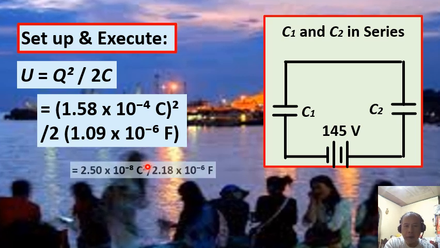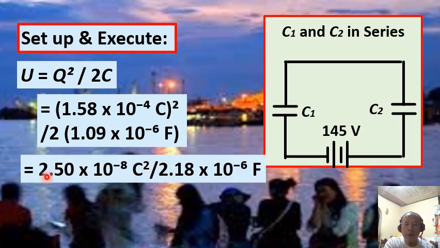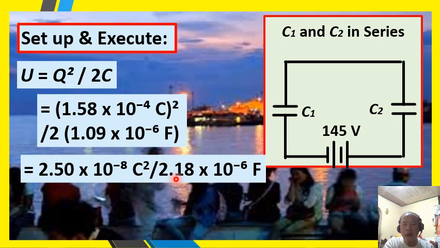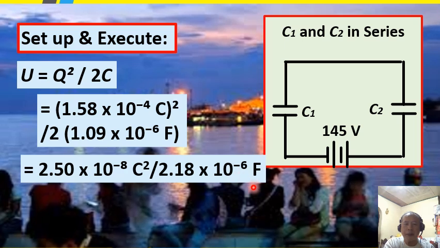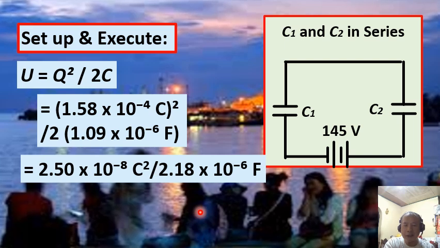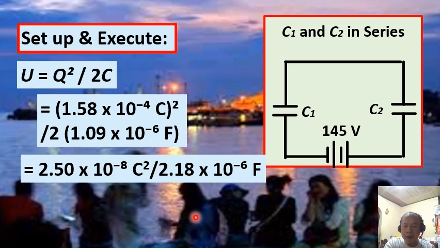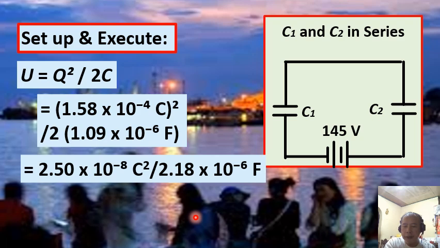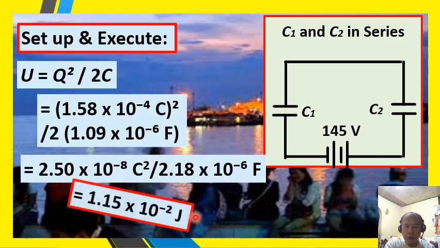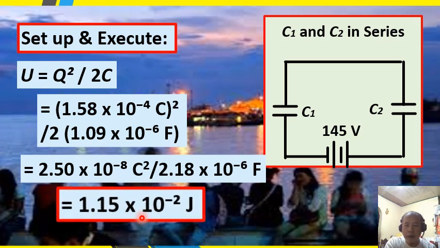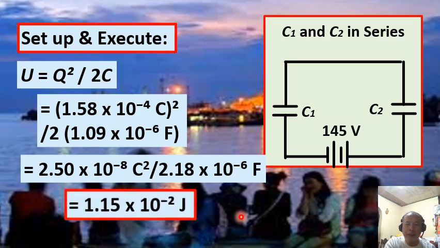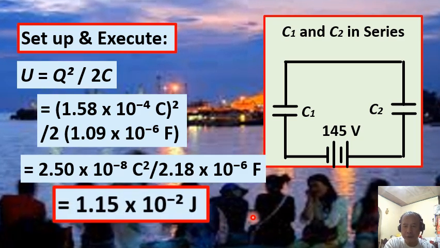Simplifying, big U is equal to 2.50 times 10 to the negative 8 coulomb squared divided by 2.18 times 10 to the negative 6 farad. When we divide these two quantities, we finally get the value of the stored electric potential energy, capital U, equal to 1.15 times 10 to the negative 2 joules, also rounded to three significant figures.